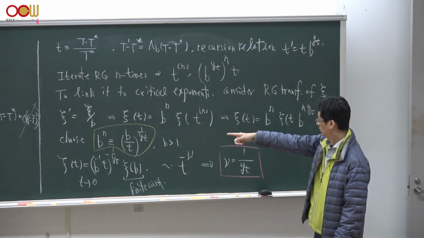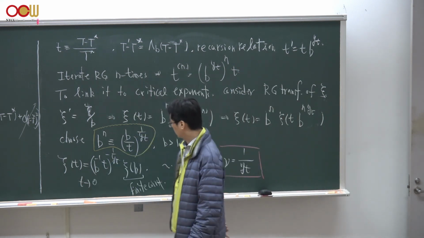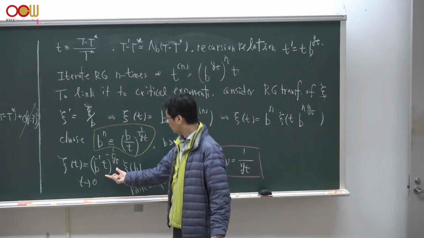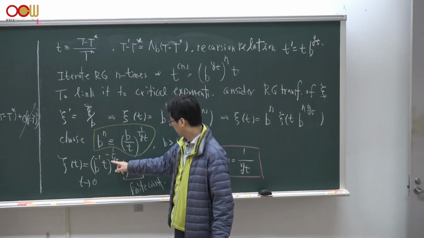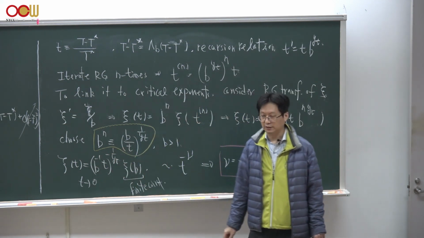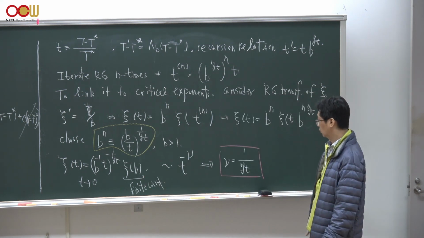After this substitution, we immediately get that the correlation length as a function of t before the RG transformation is given by this formula, b inverse times t altogether to the power minus 1 over y_t, multiplied by xi of b, which is simply the correlation length after one step of RG, which is finite.